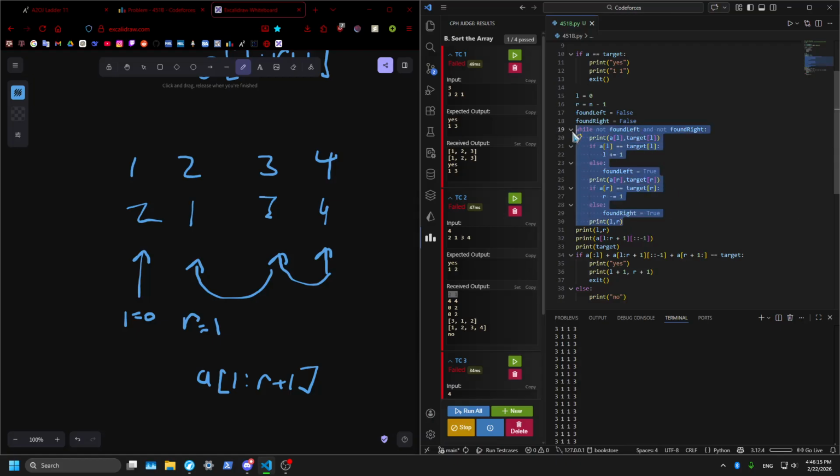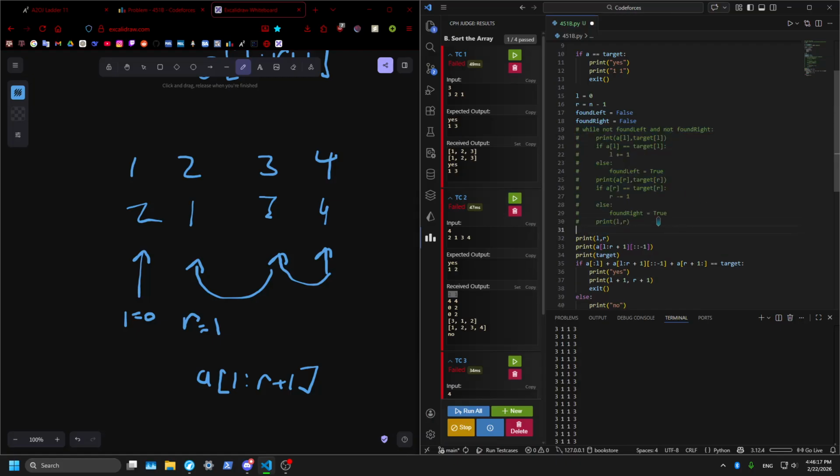Let's redo this. So while A L equals this, we do L plus equals 1.